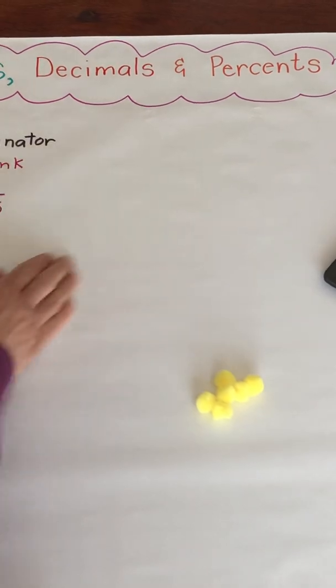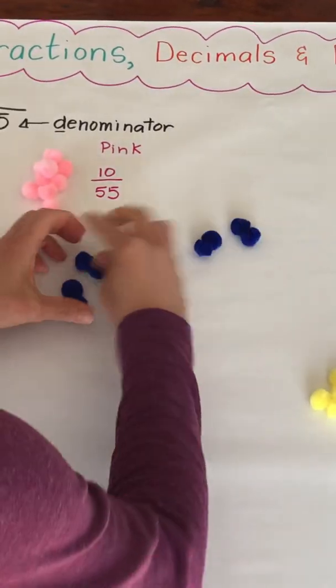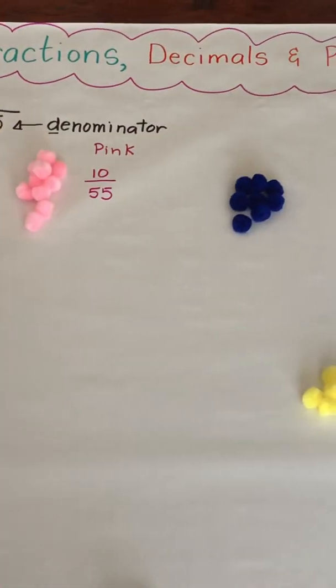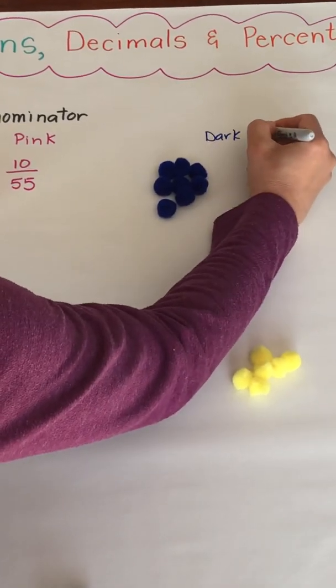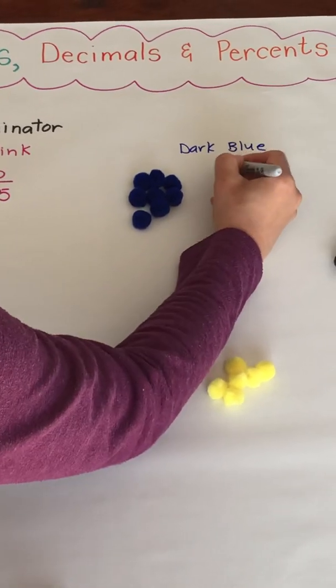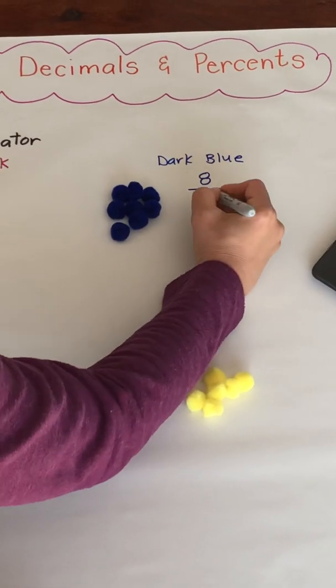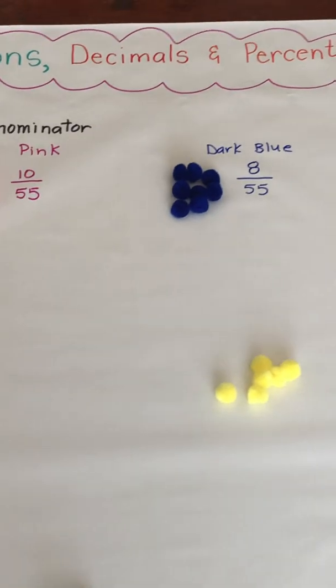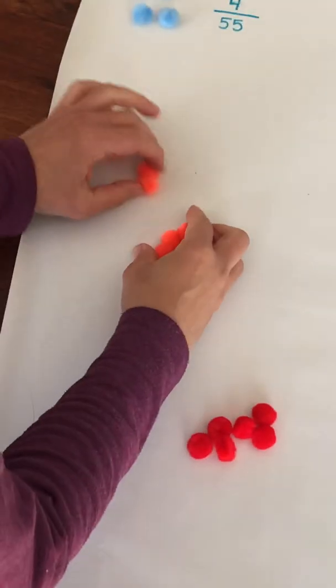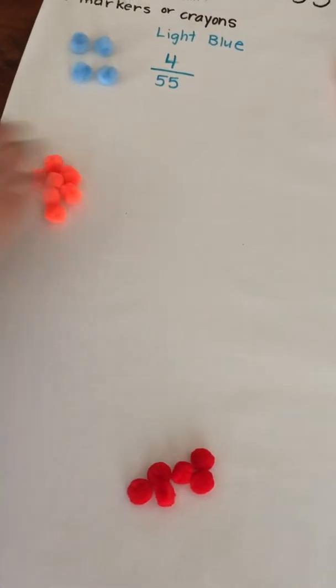And let's go over to our dark blue. 2, 4, 6, 8. Okay, so I have dark blue, I have 8 as the numerator and 55 as the denominator. Orange, I have 2, 4, 6, 7 orange.